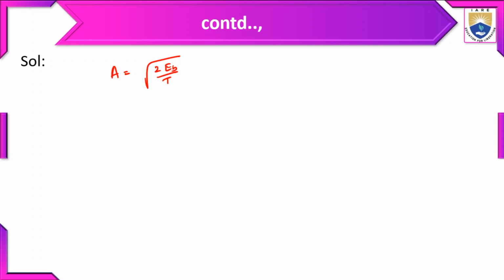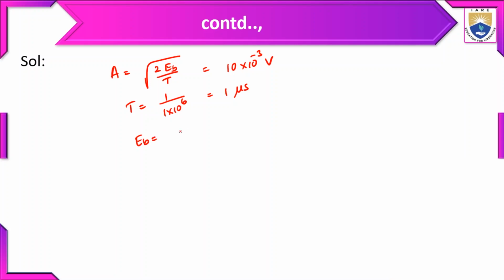Amplitude is equal to square root of 2EB by TB. How much amplitude is given? 10 millivolts, so 10 into 10 power minus 3 volts. And the time duration, they gave as 1 into 10 power 6, because they gave a 1 megabit bit rate. So 10 power 6 gives 1 microsecond.